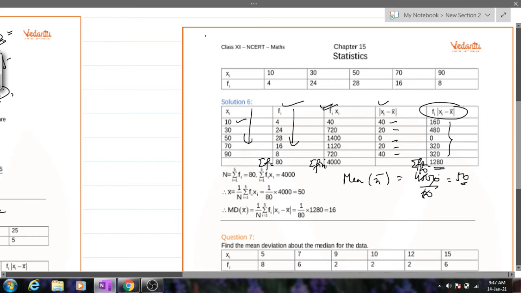Then we'll find the mean deviation about the mean, which is given by summation of fi |xi minus x bar|, 1280 by 80, which will give you 16, which is the final answer.